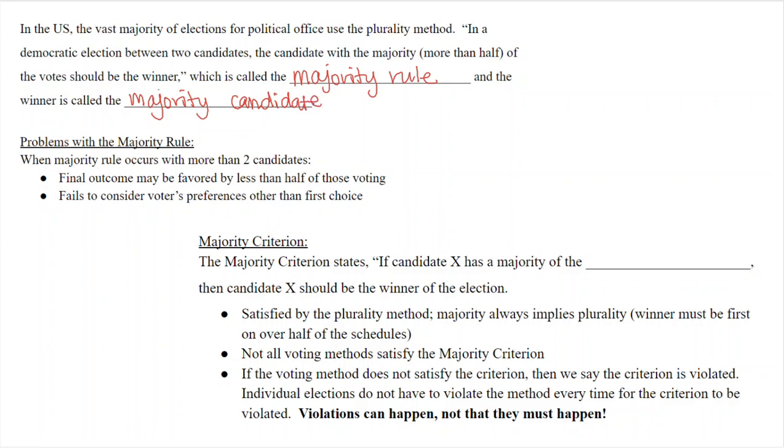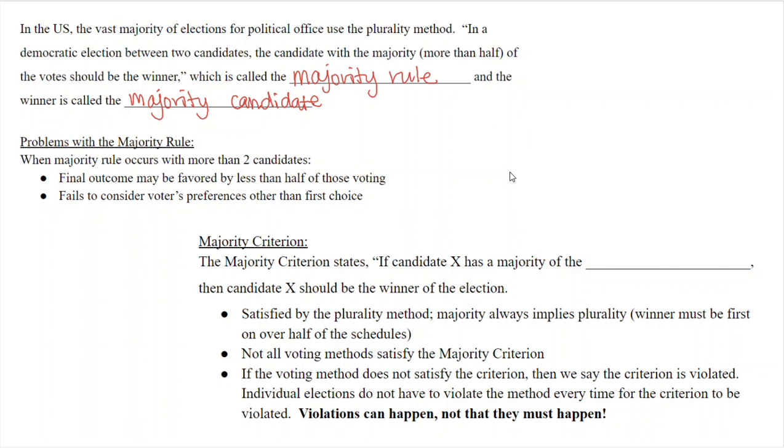Now, there are some problems with the majority rule. If you have more than 2 candidates, you might not have a majority candidate. The other issue is that it only takes into account your first choice.